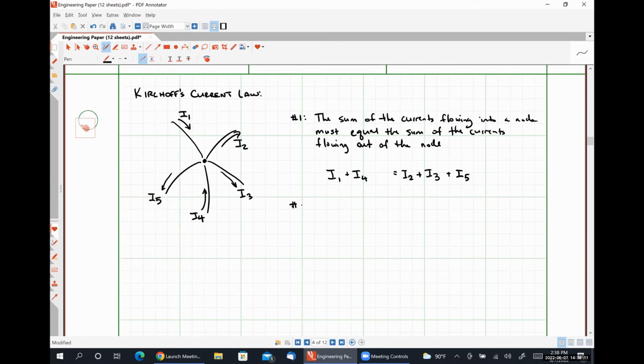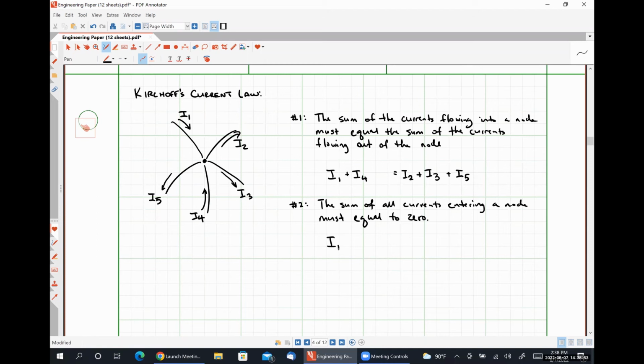Our second representation is the sum of all currents entering a node must equal 0. This is not saying that I1 plus I4 is equal to 0. Instead, what it means is that we can treat I1 as flowing in, so that's a positive current.